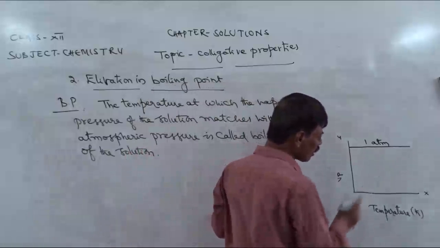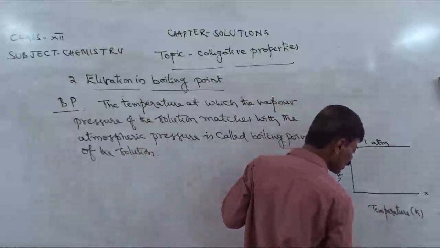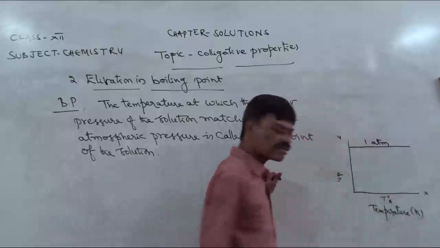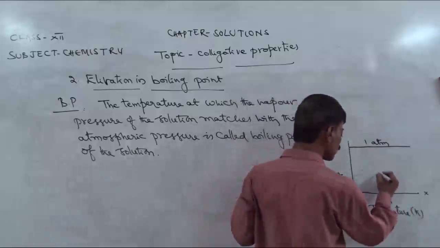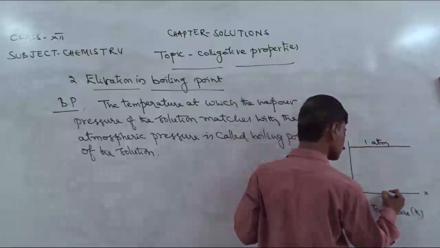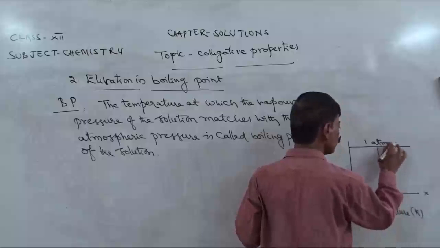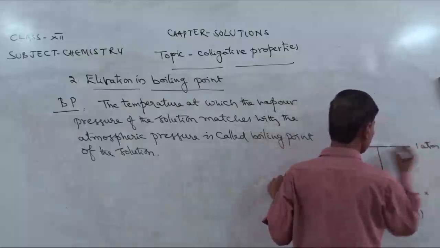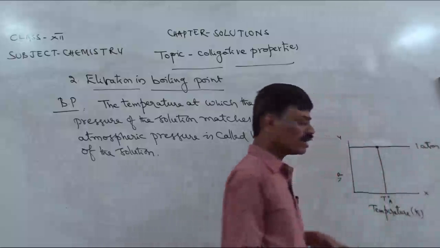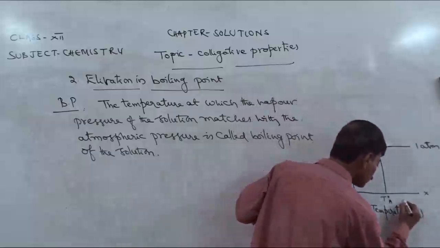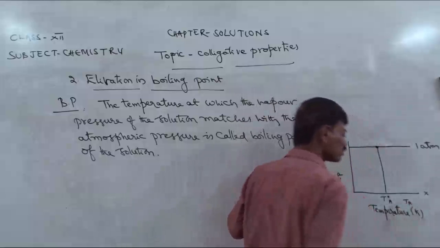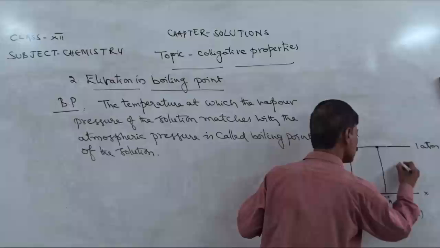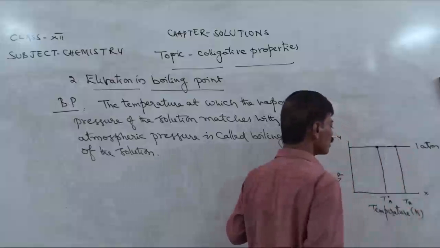Now listen children, in the case of solvent, this is the temperature where it is going to intersect the horizontal line as shown in the figure, right? And this is the temperature TA, for the solvent when it is in association with the solute. Right.